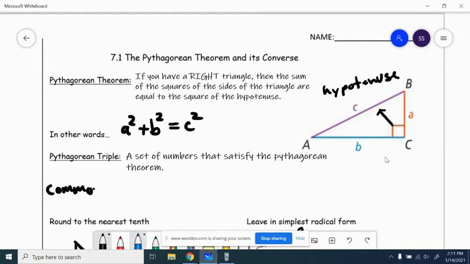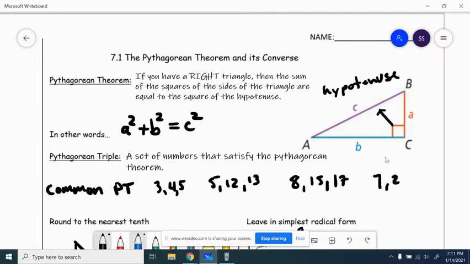Some common Pythagorean triples would be 3, 4, and 5, 5, 12, and 13, 8, 15, and 17, and 7, 24, and 25. Okay?